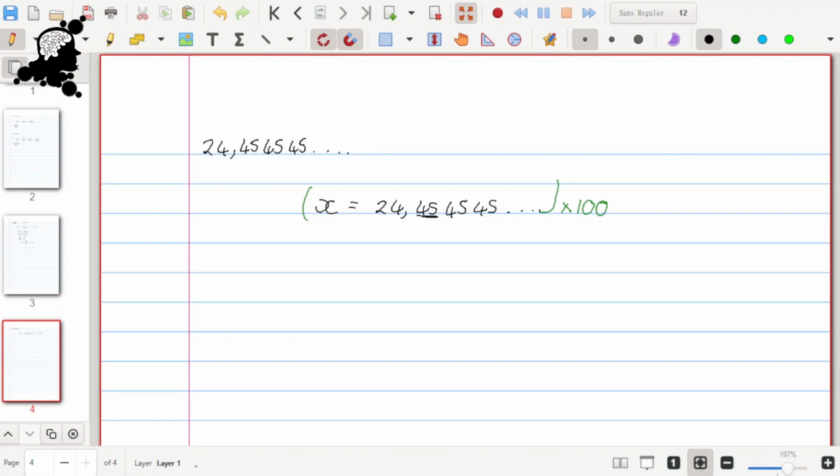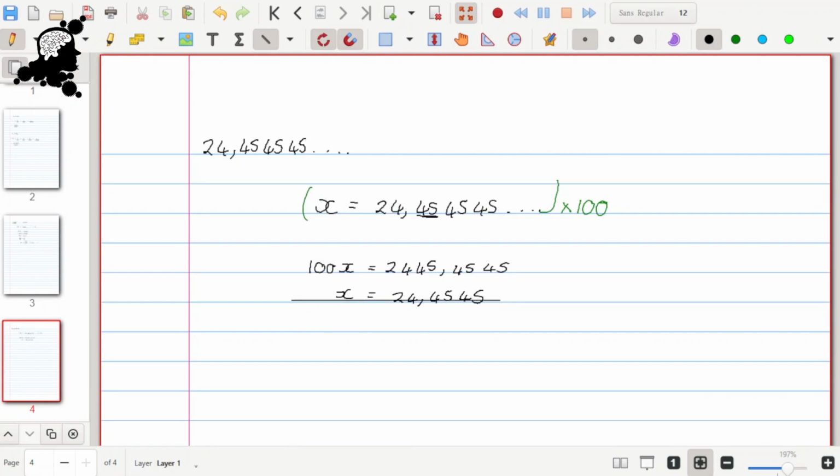If I multiply this by 100, I'm going to get 100x is equal to 2445,45. Next, I am going to put the original expression here, so 24,4545. And what I'm supposed to do here is subtract the two.